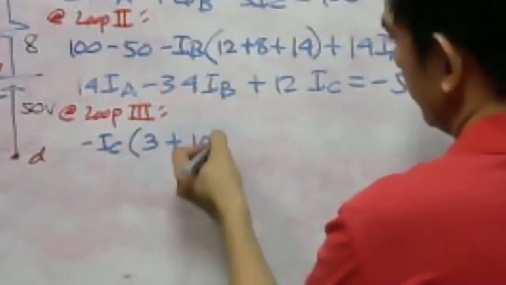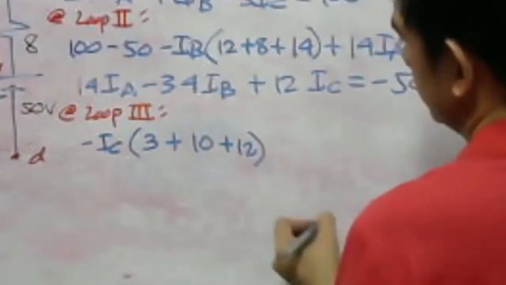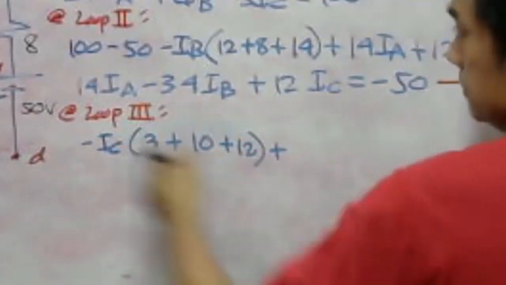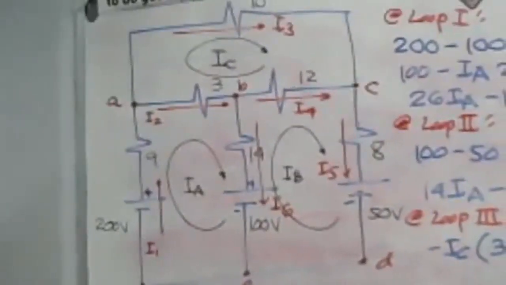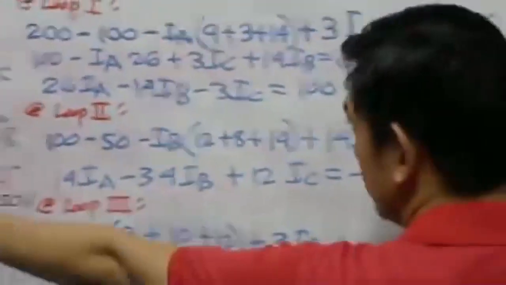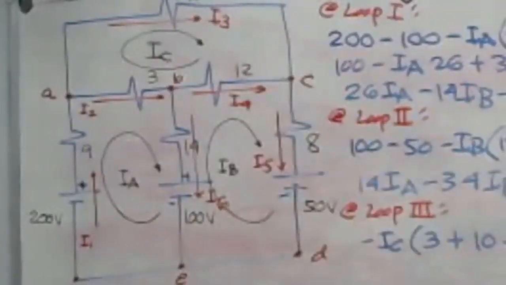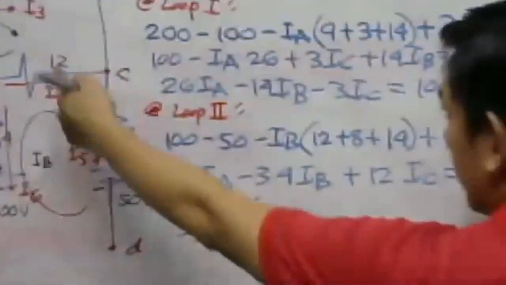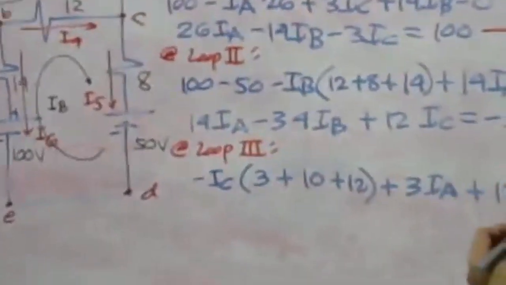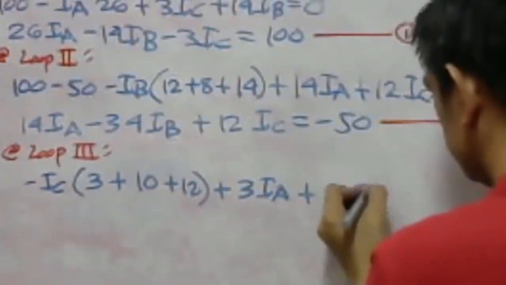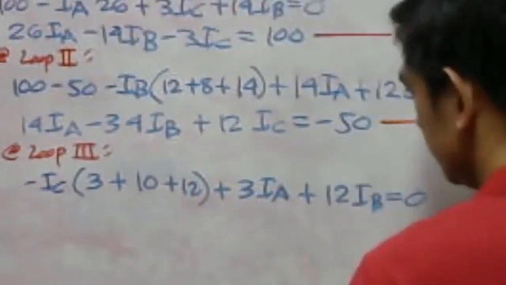And then plus, automatically, this will be plus 3 times IA. Then plus, another adjacent common resistor is 12 multiplied by the adjacent current, we have I sub B. That is equal to 0.